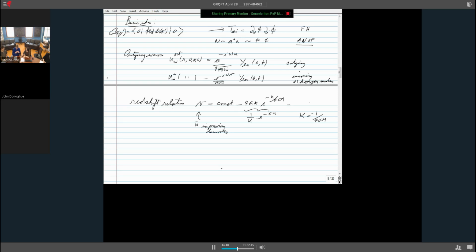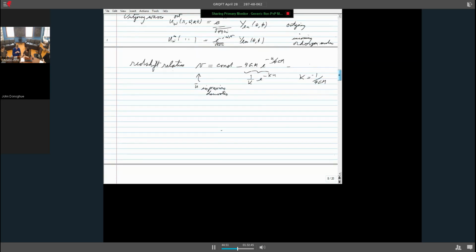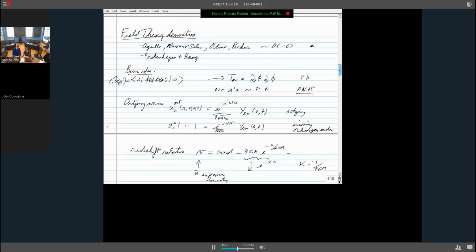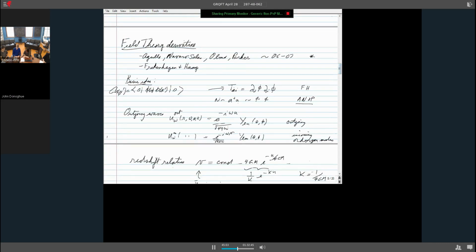The redshift relation basically is v is a constant minus 4GM e to the minus u over 4GM.